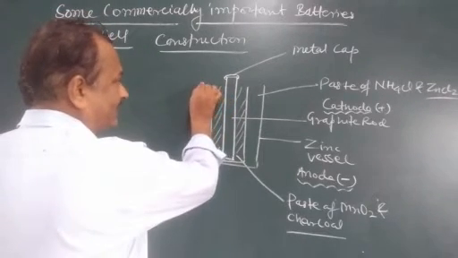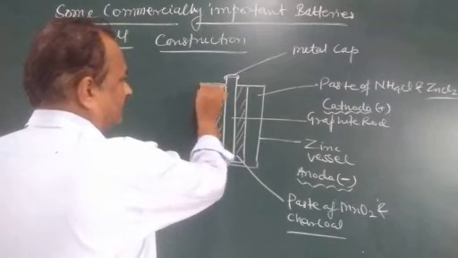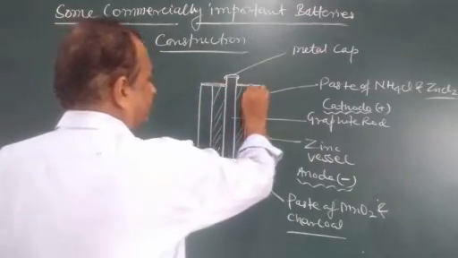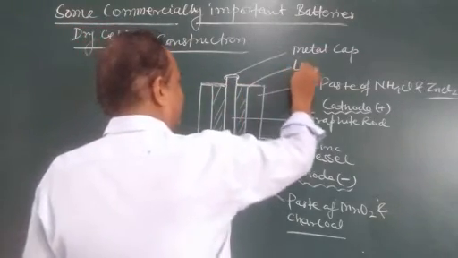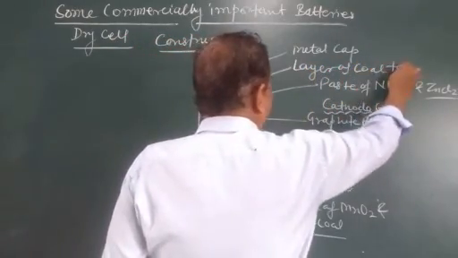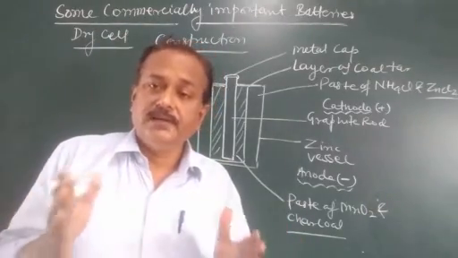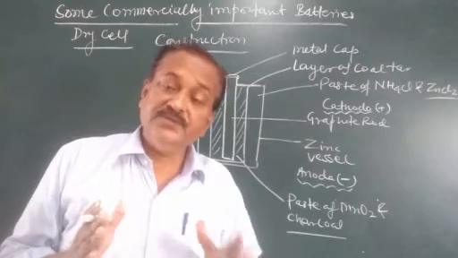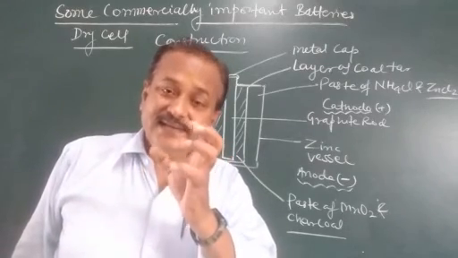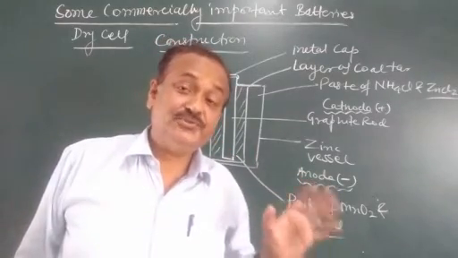Now the layer is protected by a covering. There is a covering of coal tar. It is waste from the petrochemical refinery, and so it is very hard. Hard in the sense that it is able to hold these materials together.